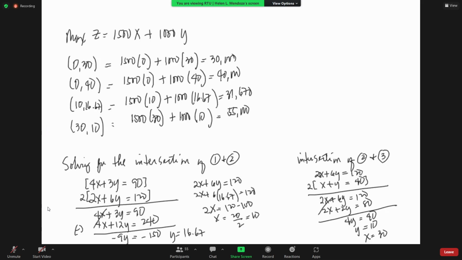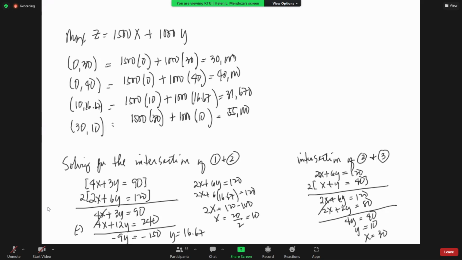So since the objective is to maximize, we evaluate the different alternatives: 0, 30; 0, 40; 16.67; and 30, 10. When we look at the combined profits from planting rice and corn in 40 hectares of land, option 1 would give the farmer 30,000. Option 2 would give the farmer 40,000.